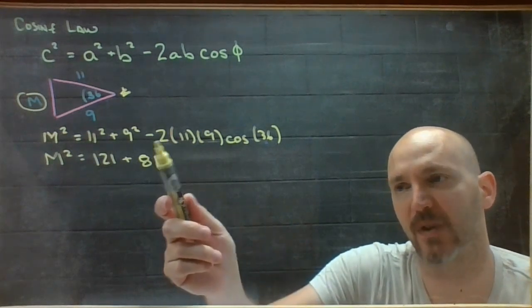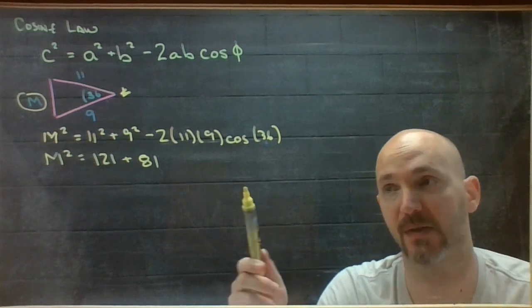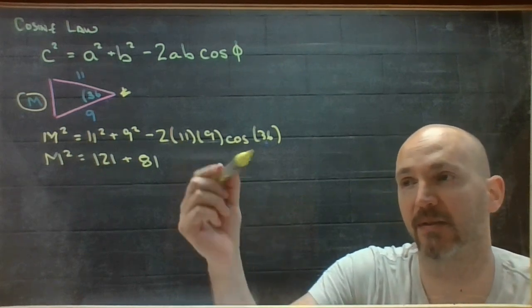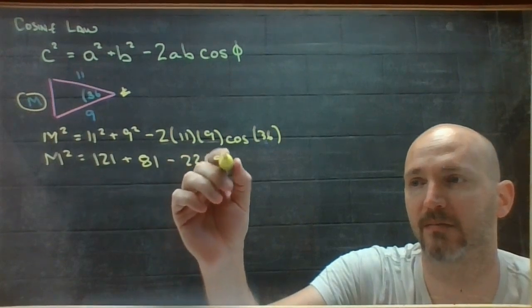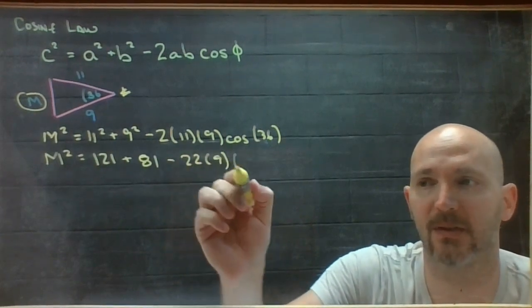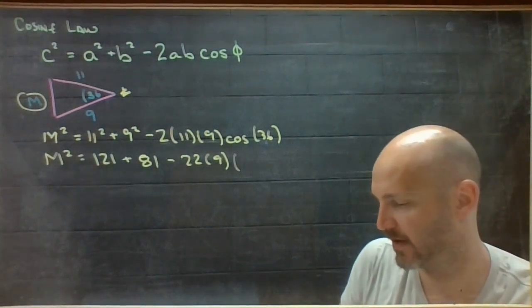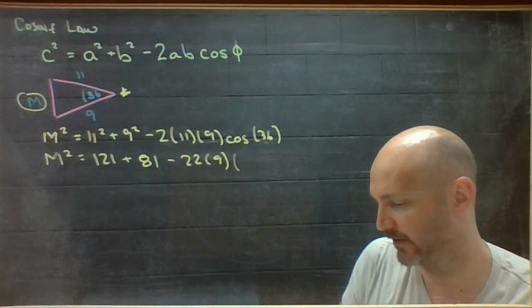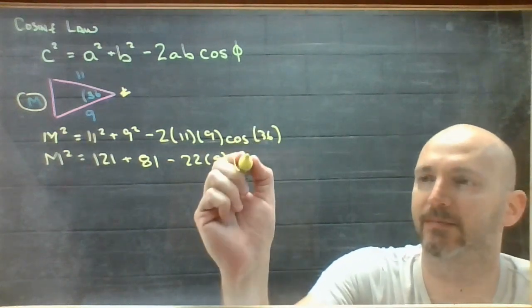And I have some subtractions and multiplications here, so I'm going to do the multiplications first. 2 times 11 is 22. And I have a cos 36 here that I can do on the calculator. Cosine 36, 0.809.